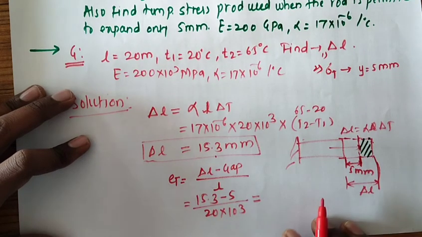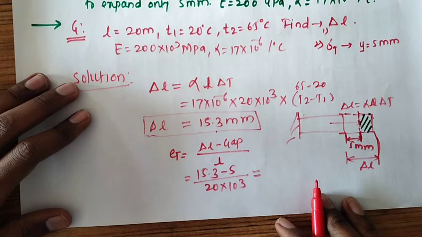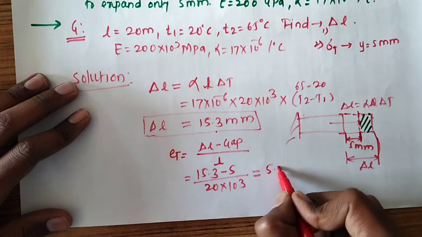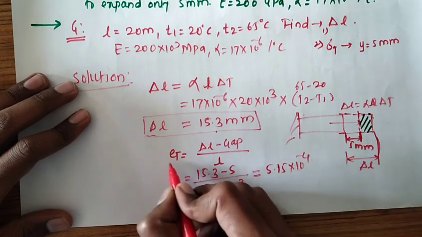If we solve this, we get the answer as 5.15 into 10 raised to minus 4. This is your thermal strain.